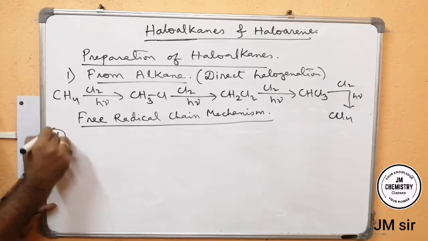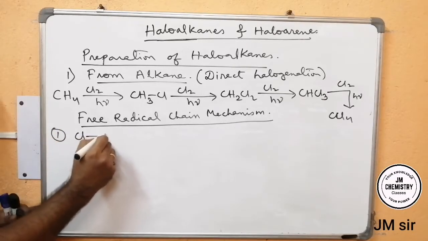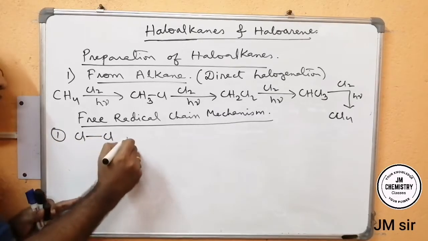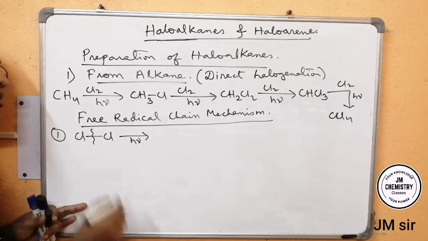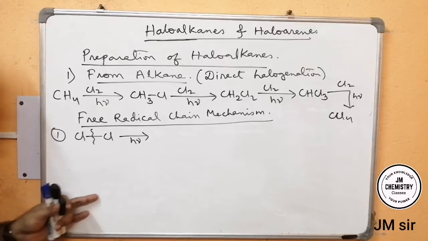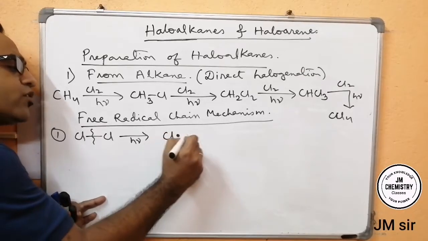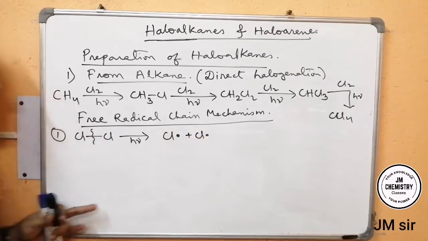See, in the first step, the chlorine-chlorine single bond is broken by hν. So there is homolytic cleavage of the chlorine-chlorine single bond. So it produces Cl dot plus Cl dot.